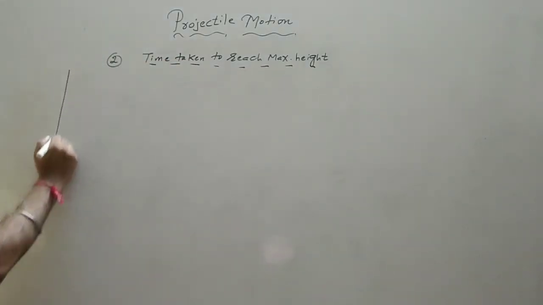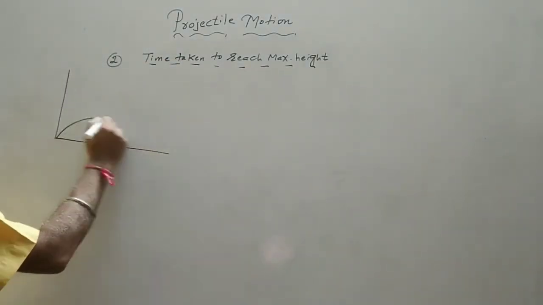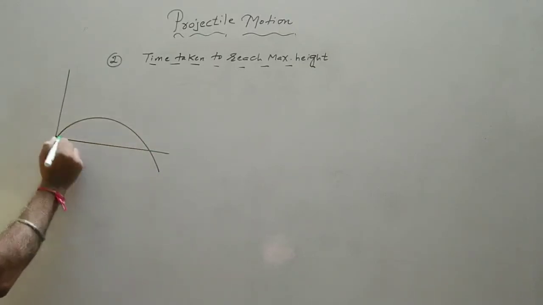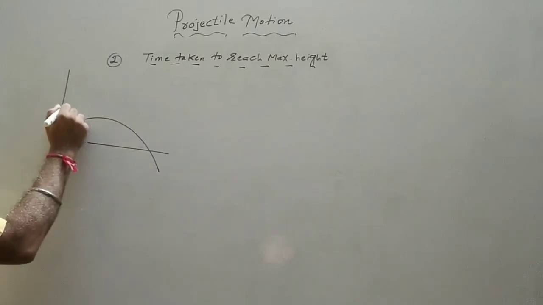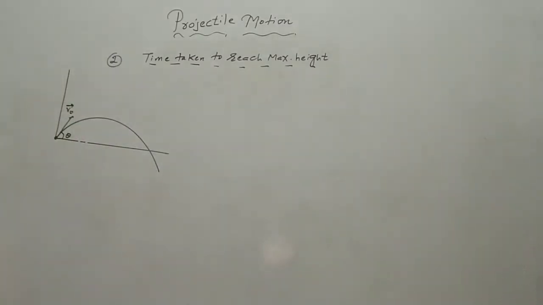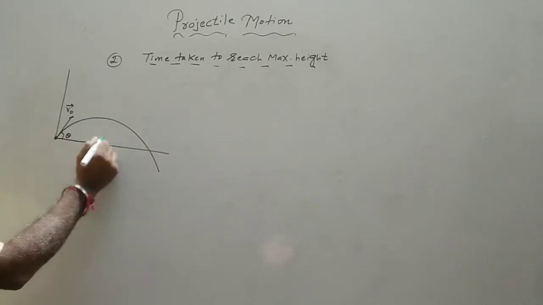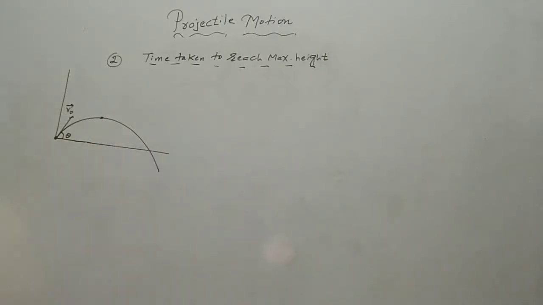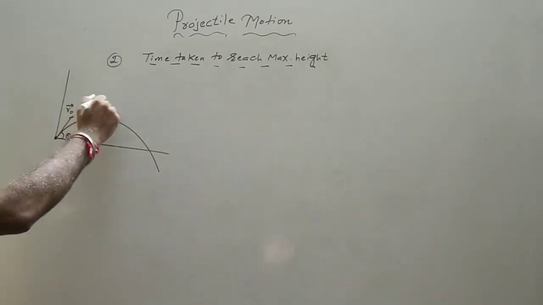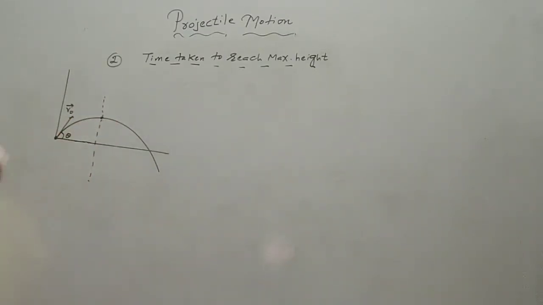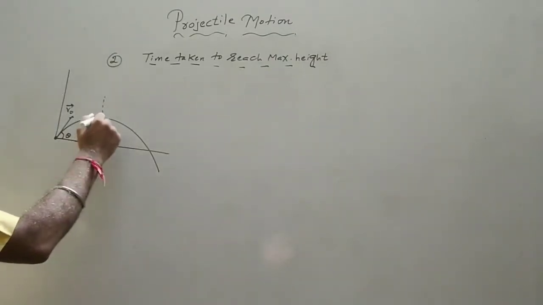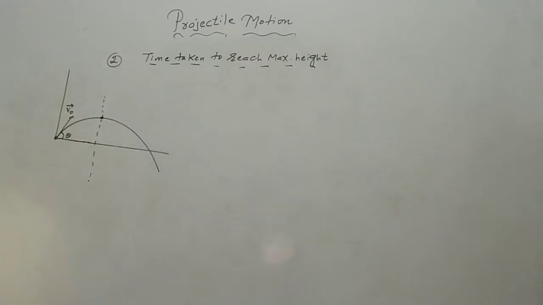So when a body is projected from the origin, making an angle theta with the initial velocity v0, at some instant the body will be at this point. This is the midpoint of the parabolic path, that is the center point. See, this is exactly divided into two halves. So how much time will a projectile take to reach this point?